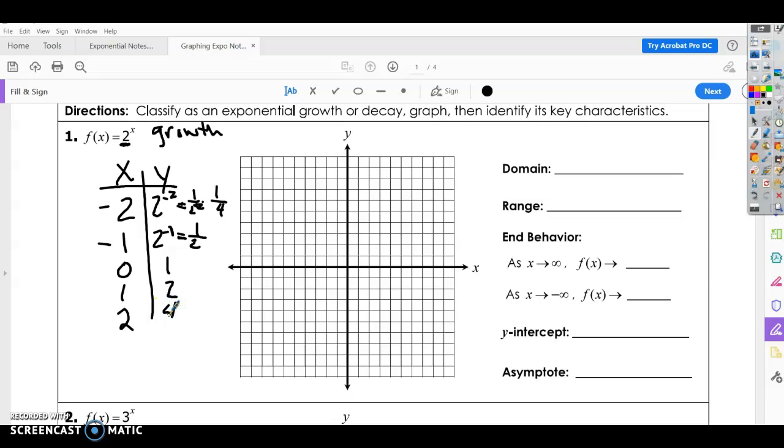Now I can take these ordered pairs and plot them. So the first thing I have is negative 2 and 1/4. So if I come over negative 2 on my x and I go up to 1/4, it's going to be, it's hard to write on here. Let's see.